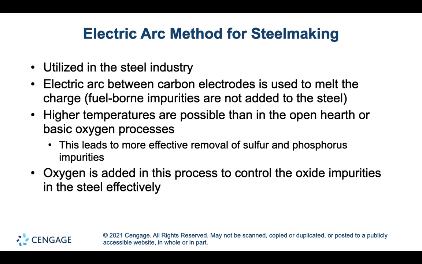Electric arcs can be used to melt things and get the temperatures up, so electricity can be used. This gives you higher temperatures than the open hearth or the basic oxygen processes. And it's even more effective at removing sulfur and phosphorus impurities. And you can add in oxygen to control the oxide impurities.